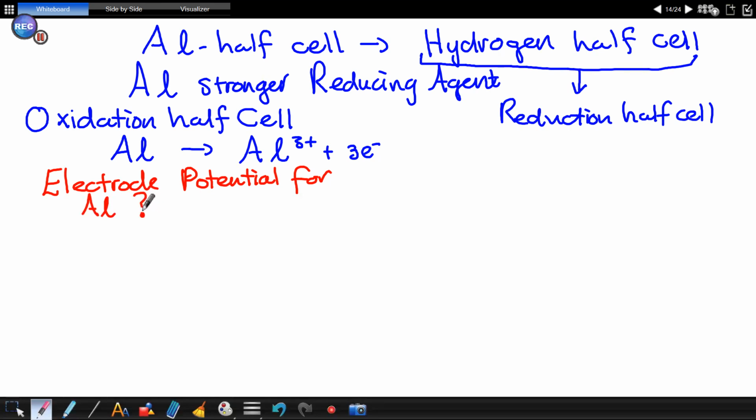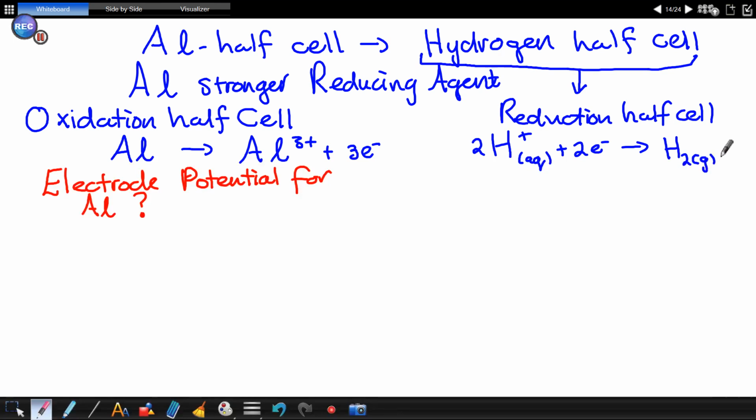And to get it, I connect the aluminium half cell to the hydrogen half cell under standard conditions. Got it? So what happens to the hydrogen half cell? Which reaction will take place? Reduction. So what happens there is hydrogen ions will take 2 electrons and make hydrogen gas.